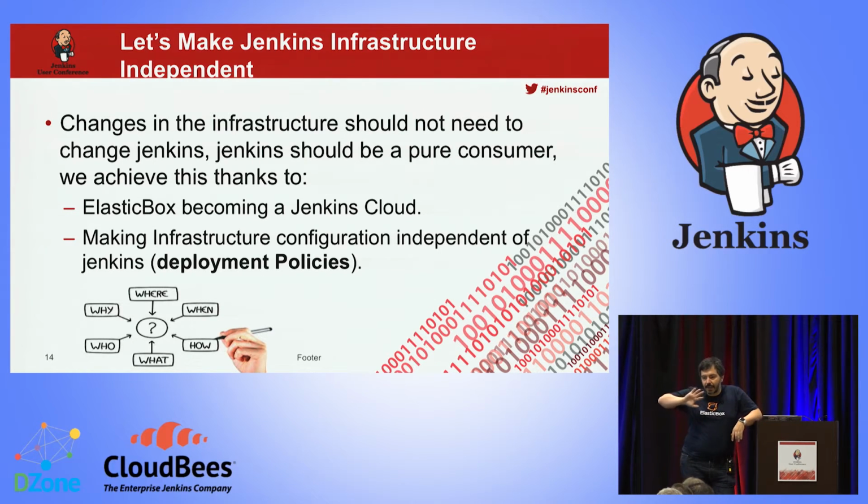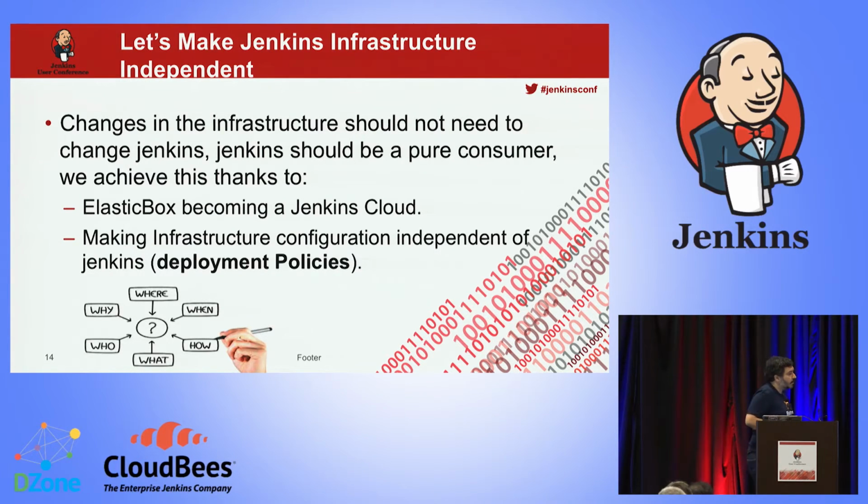So basically the IT guys can deal with the infrastructure, and the people that are working in Jenkins with the continuous integration, continuous delivery process, or designing the jobs, they only need to concentrate on Jenkins, and they don't care about the infrastructure.